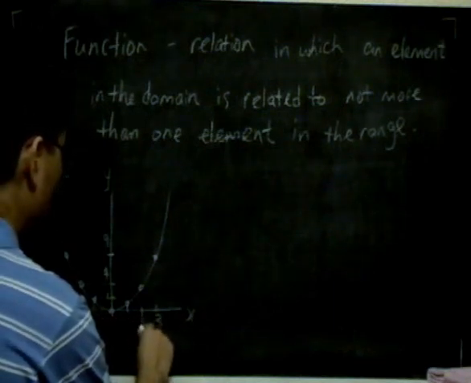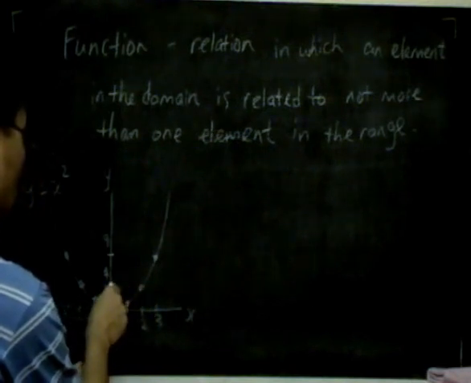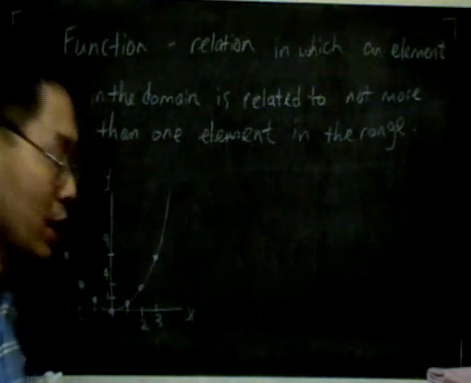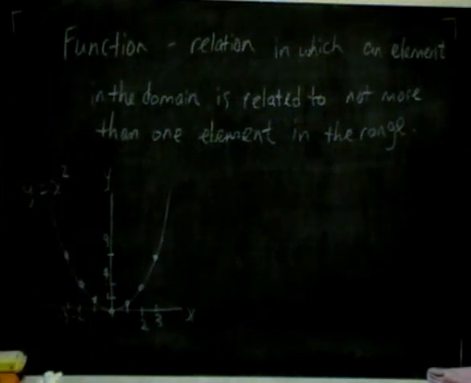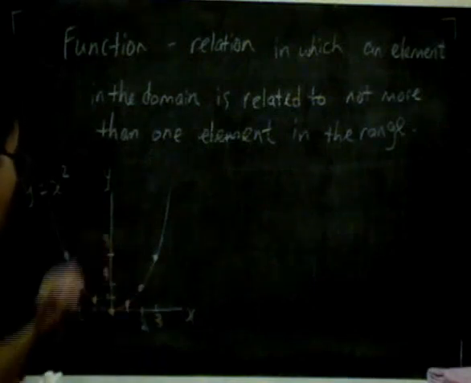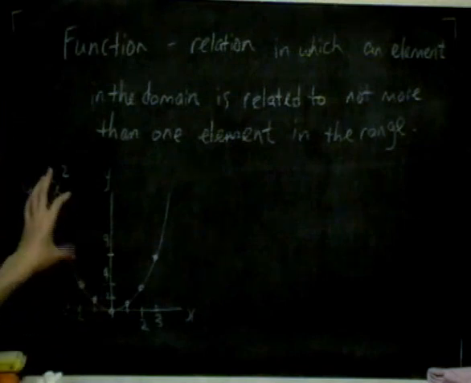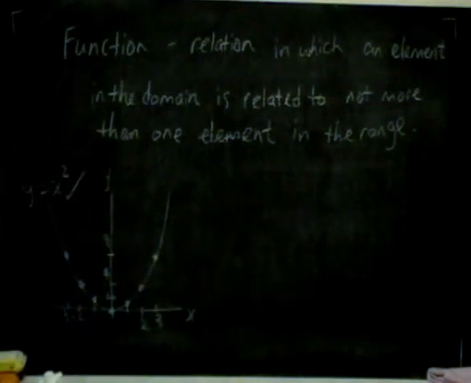If you go from 2 up to the curve, and then left to the y-axis, you can only do it one way and get one value of y. So clearly, in this example, each value of x will not have more than one value of y related to it. So therefore, this is a function.